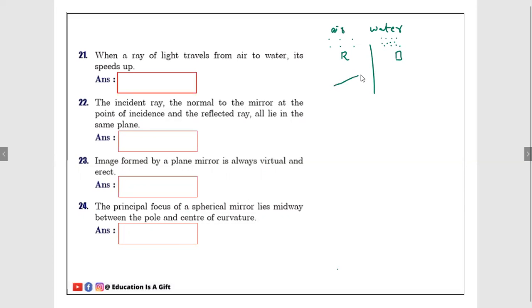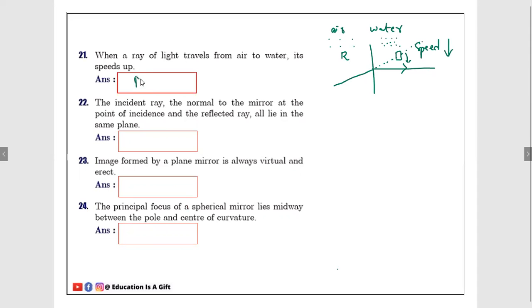When a light ray travels from rarer to denser, definitely the speed will reduce. Because of the reduction in speed, it bends and travels like this, and this is the imaginary incident ray. So the speed is reduced, not sped up.